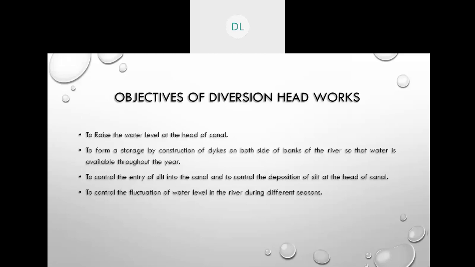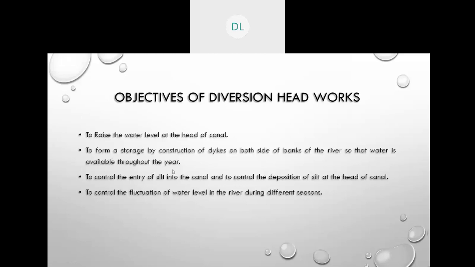We will see sketches of these dikes. There is also a design given in soil mechanics for how these dikes can be constructed. So we form a storage by construction of dikes on both sides of the river banks, so that water is available throughout the year.